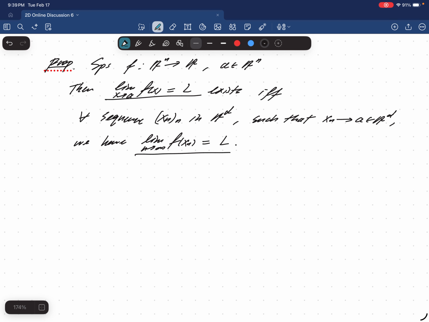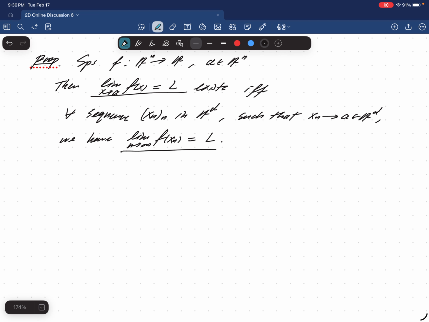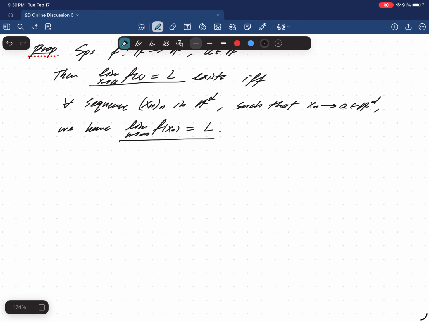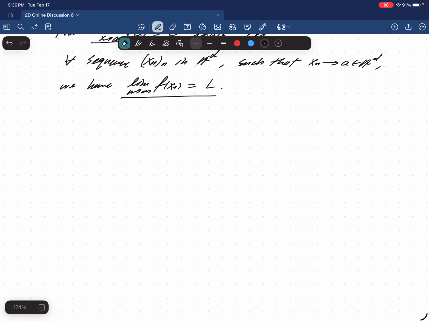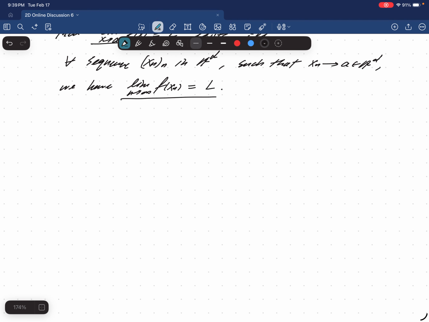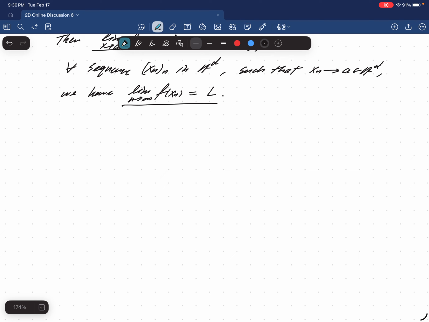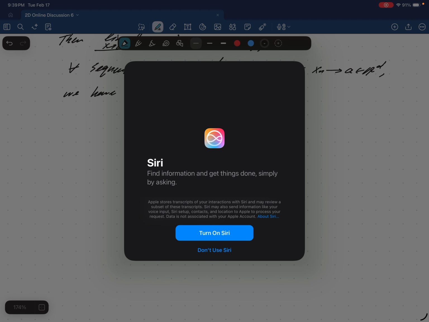As you know, in 2D, you're not required to know the reason why this works, but I really encourage you, because if you really understand limits, you should be able to see why this proposition is true. So here's the reason why. Again, this will not be on the test, but I feel this is something that you should understand.